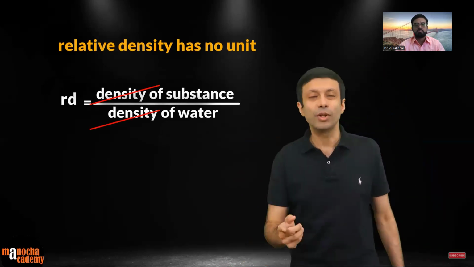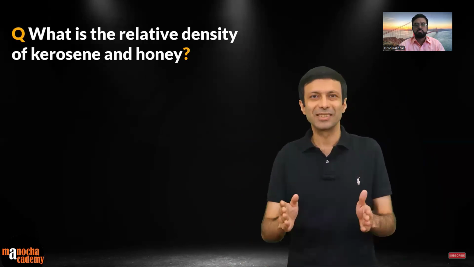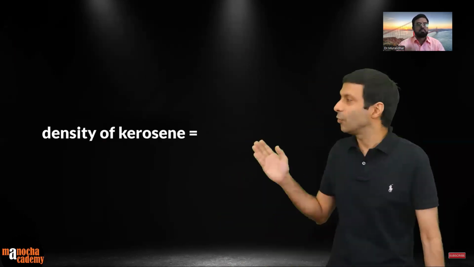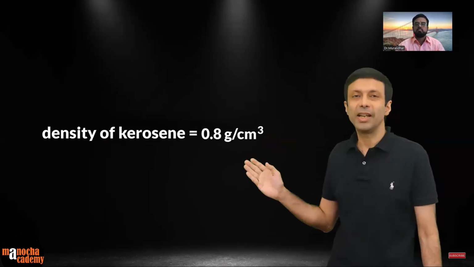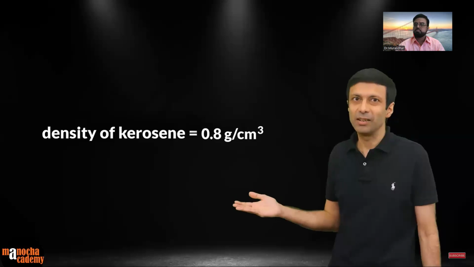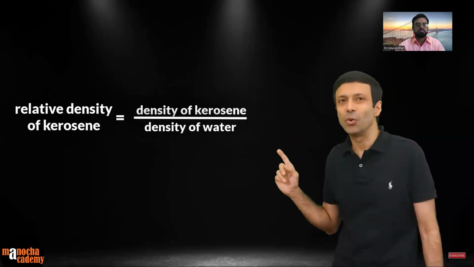It's a ratio. Now, what do you think will be the relative density of kerosene and honey? Can you work it out? Let's start with the relative density of kerosene. The density of kerosene was about 0.8 gram per centimeter cube. So let's use our relative density formula. It's going to be density of kerosene divided by the density of water.